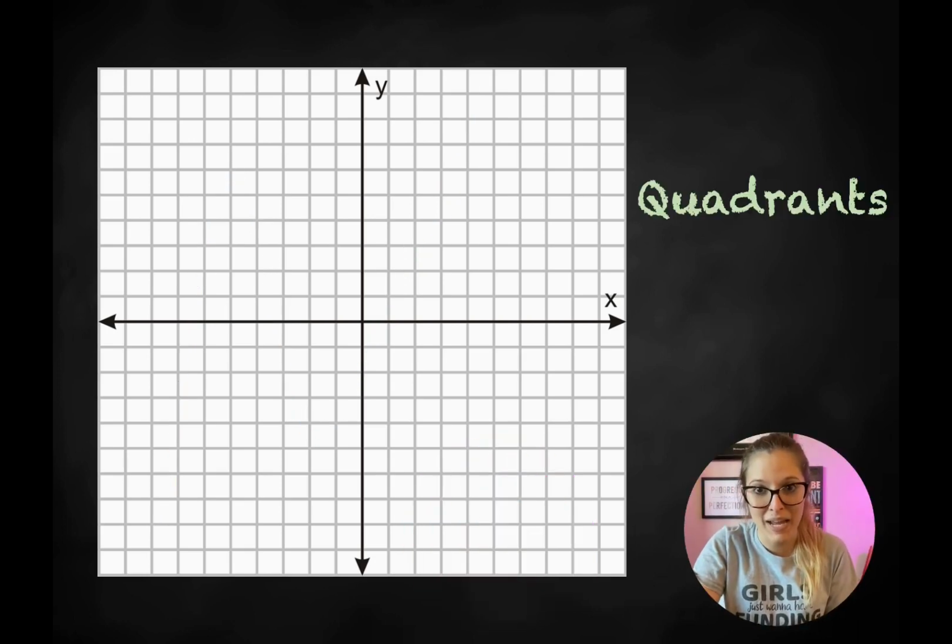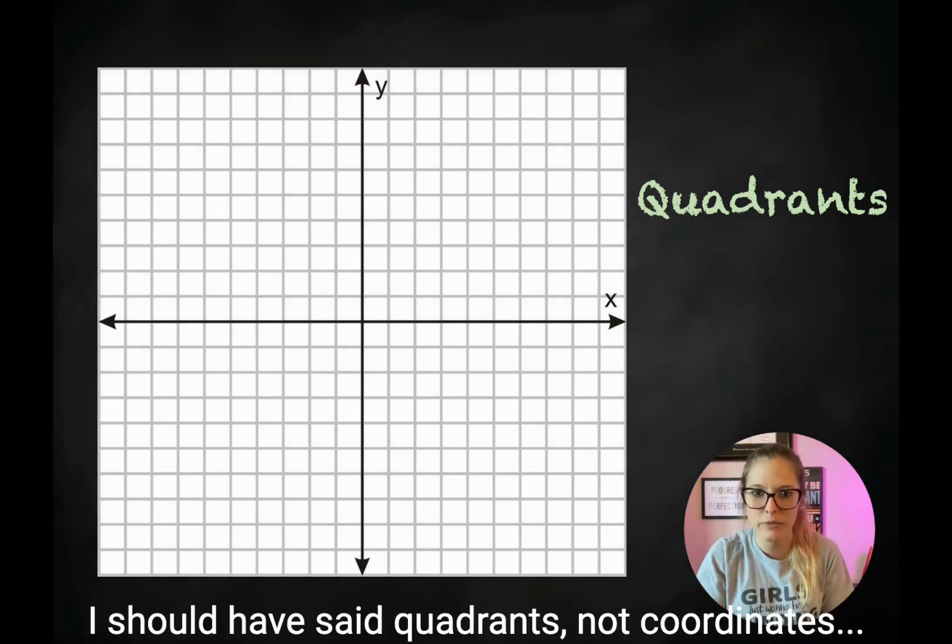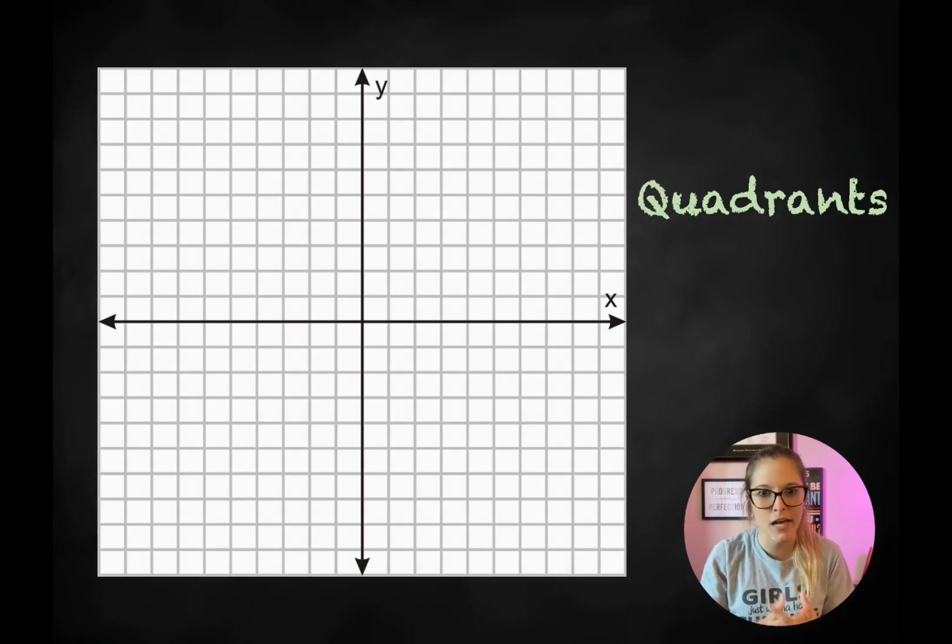Another term that you might hear when talking about the coordinate plane is the term quadrants. Quadrants are the 4 squares that are made by our x and y axes. You can see here it splits my plane into 4 pieces. We number these quadrants and use them to talk about positions of points or shapes on the plane, and we can use them to tell people where to look in relation to the axes on the plane.